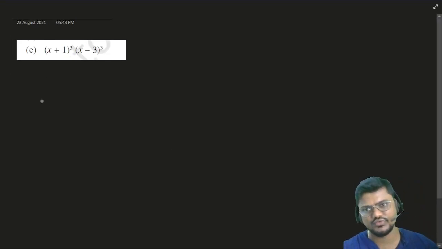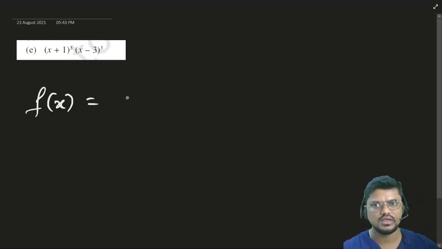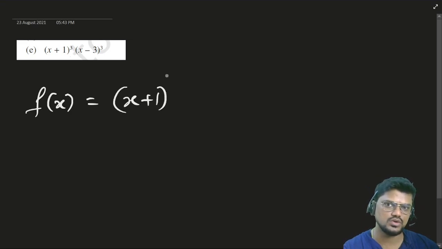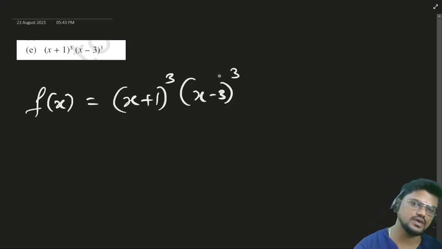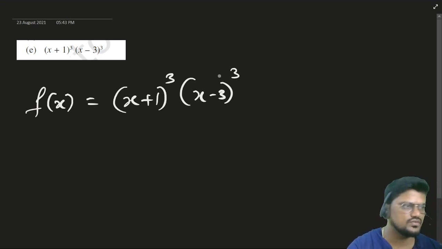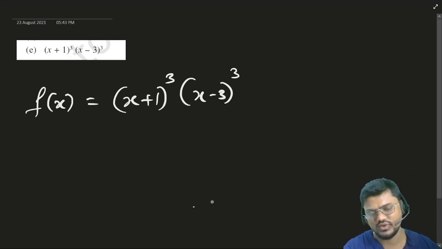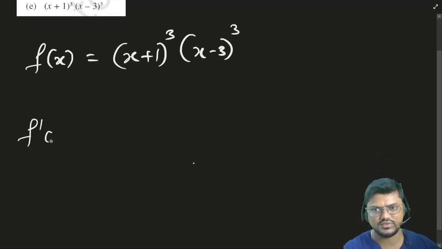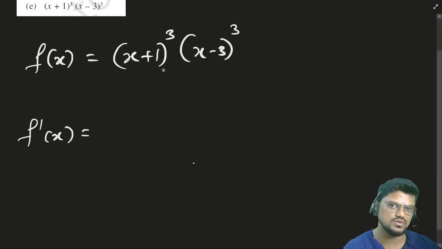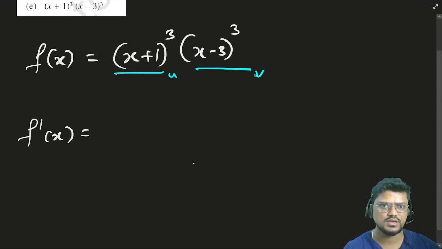Over here also, f of x equals x plus 1 whole cube into x minus 3 whole cube. If I draw the graph of this, you have to find where it will be increasing, decreasing. To find that, we'll take the derivative of this. f dash of x equals, you will do u into v in this. We can consider this as u and this as v.